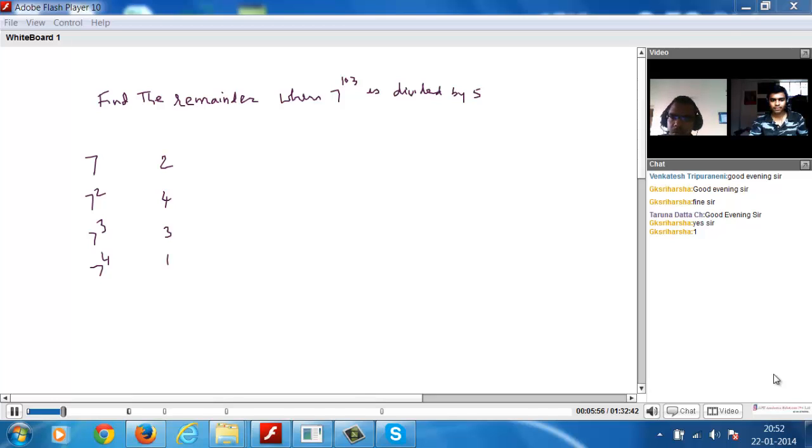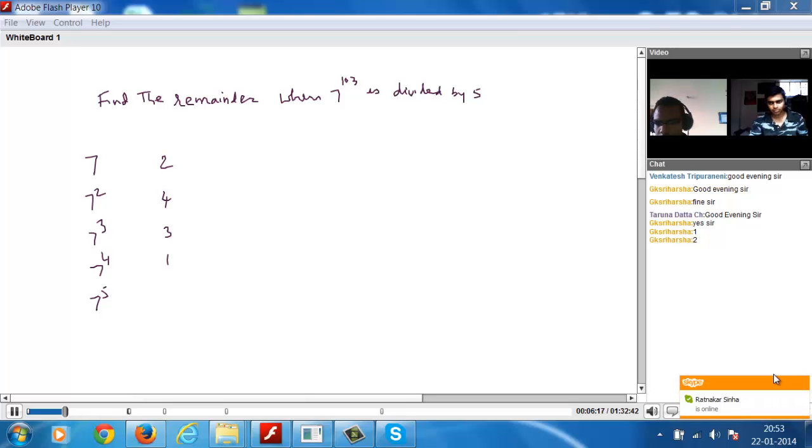7 leaves remainder 2, 7 square leaves remainder 4, 7 cube leaves remainder how much? 3. 7 power 4 leaves remainder 1. Now the point is, is it going to follow the pattern like this?